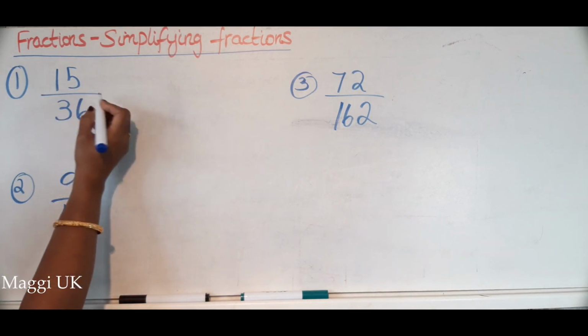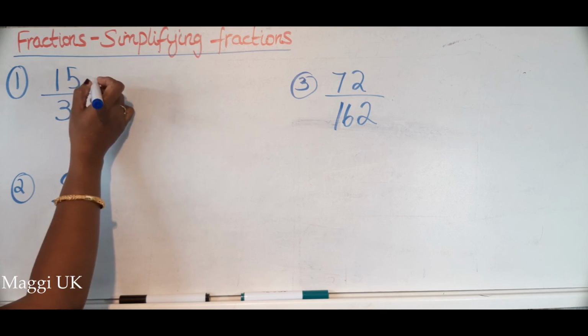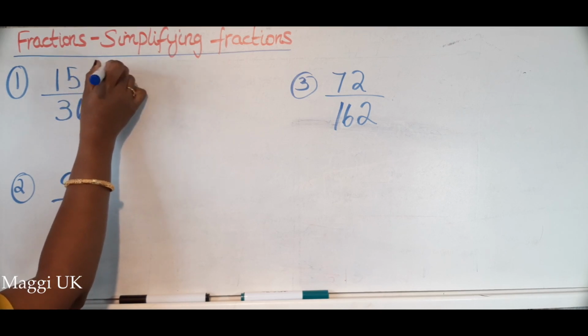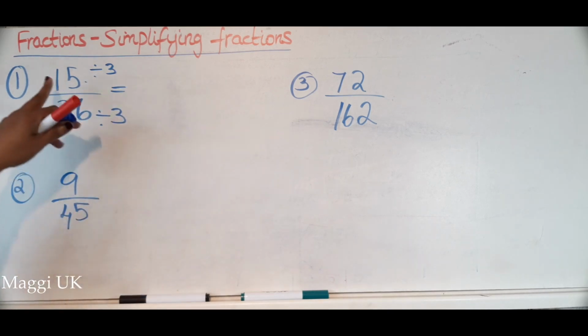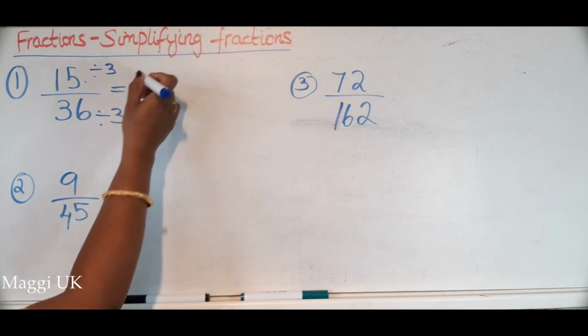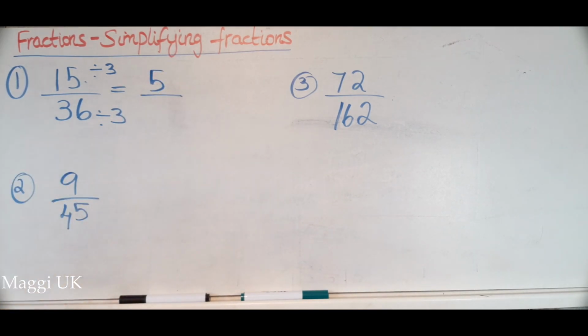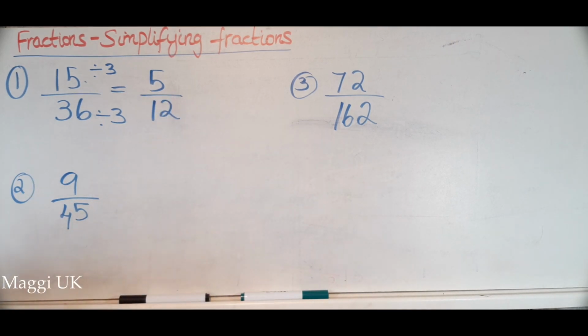So the common factor for 15 and 36 is 3. So we need to divide this by 3. When you divide 15 by 3, you get 5. And if you divide 36 by 3, you get 12. So you can't simplify more than this. So your answer is 5 over 12.